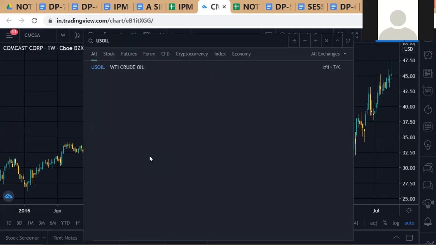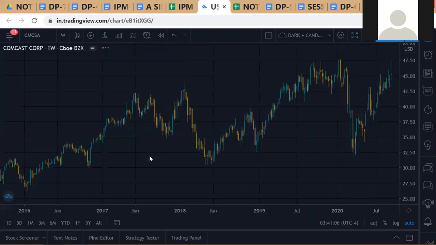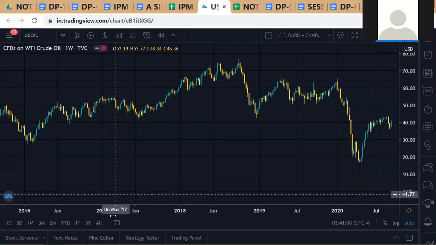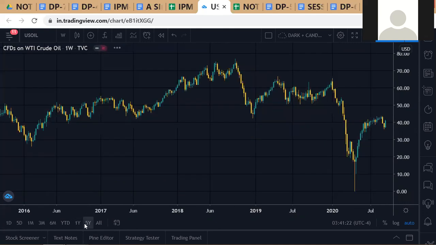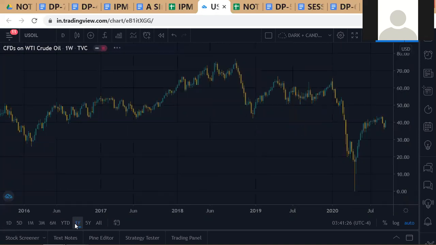I think I saw something on oil. Not really. I thought I saw something somewhere. Maybe if we go into 5 year, I think this last move has actually destroyed everything.